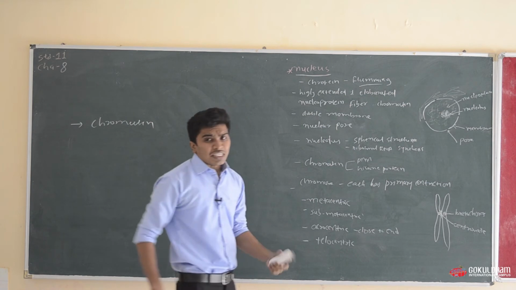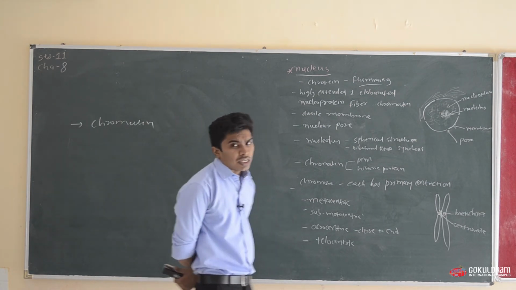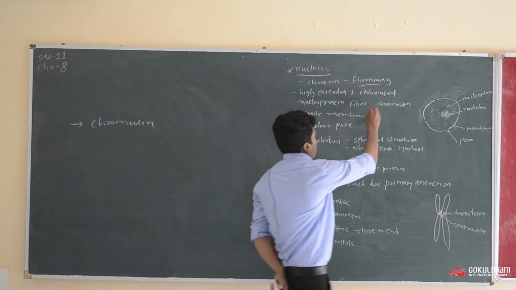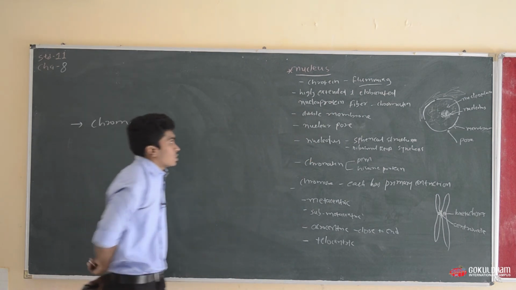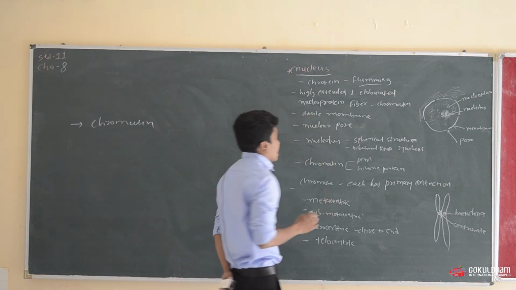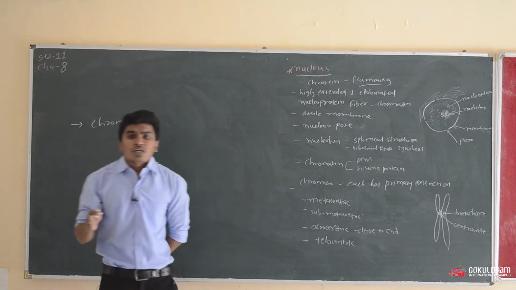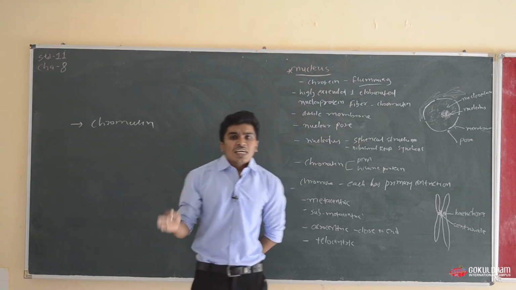The chromatin is highly extended and elaborated nucleoprotein fibers. So what is chromatin? Chromatin is a highly extended and elaborated nucleoprotein fiber present in the nucleus.